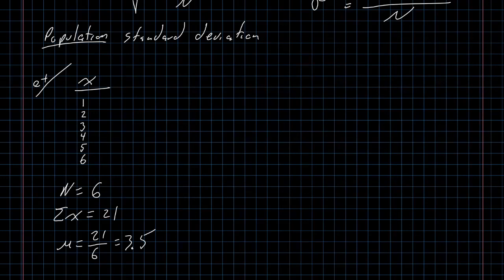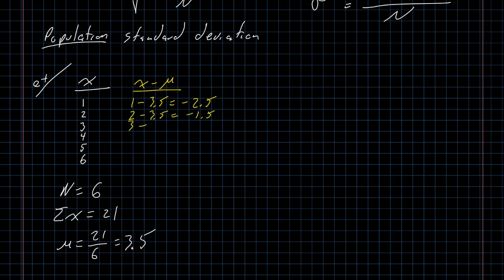Now I'm going to go back to my list of values and I'm going to start moving across the page. I'm going to introduce a second column where I'm going to calculate the deviation from the mean for each score in the distribution. So I take 1 minus 3.5, which comes out at negative 2.5. I take 2 minus 3.5.